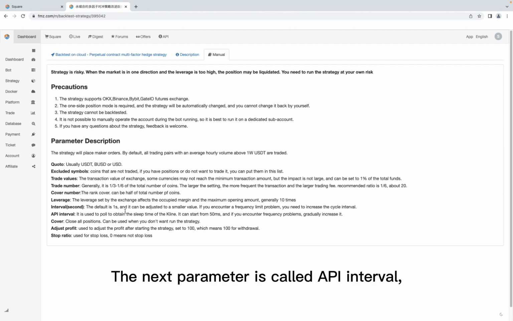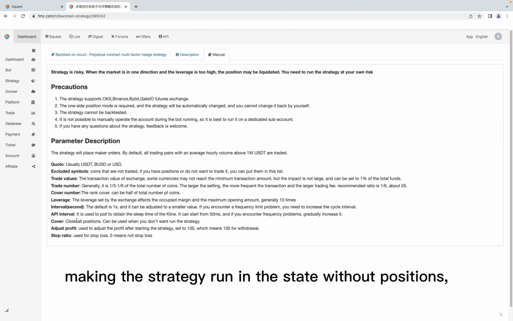The next parameter is called API interval, which is used to set the sleep time for obtaining K-lines in a rotation. We can set a suitable range. The next parameter is called cover. If this parameter is checked, it will close all positions at the initial operation of the strategy, making the strategy run in a state without positions.